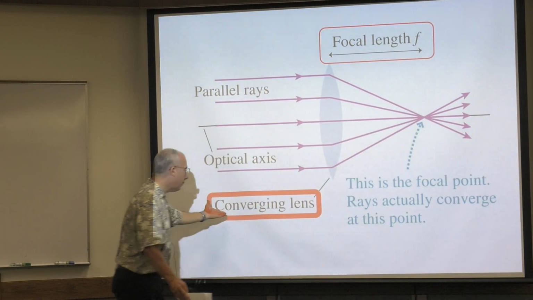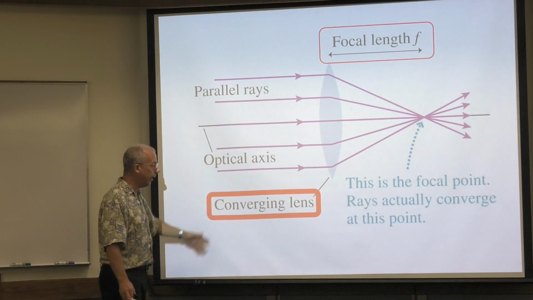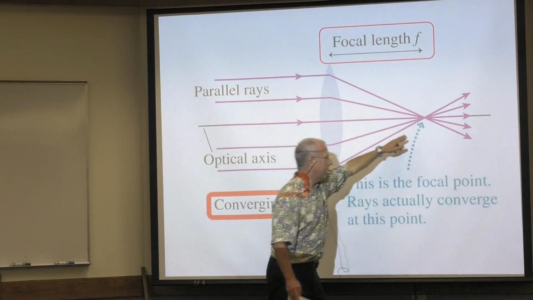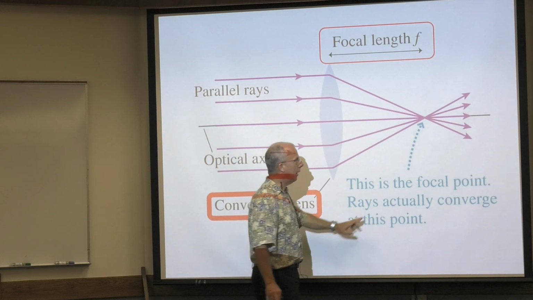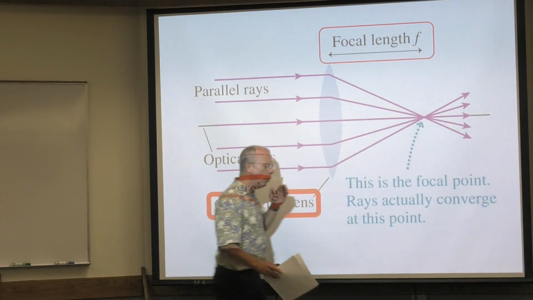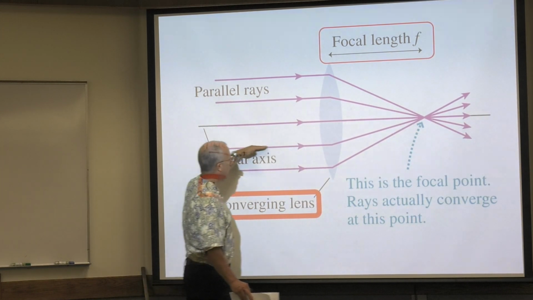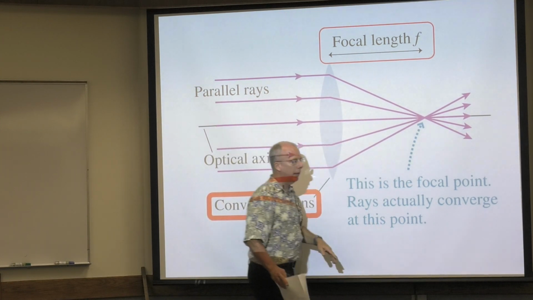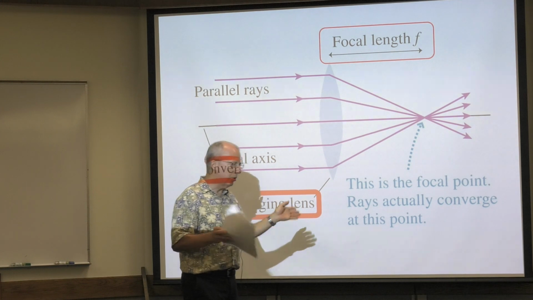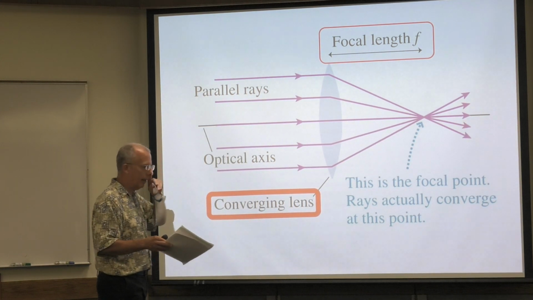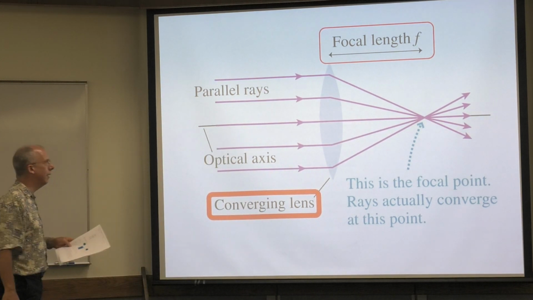So it's called a converging lens, and this is the focal point. So the rays actually converge or intersect at that point. Again, real light will always have a solid line. When we don't have real light, when we have like the projection or something like that, then it's dotted line. You'll see, don't worry.